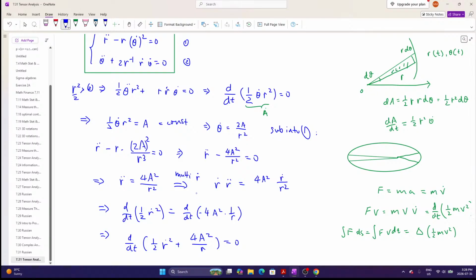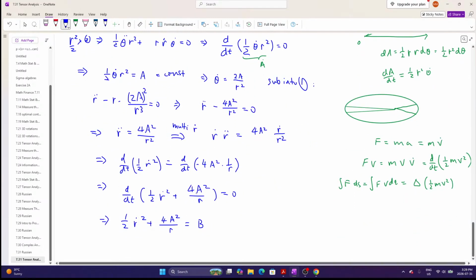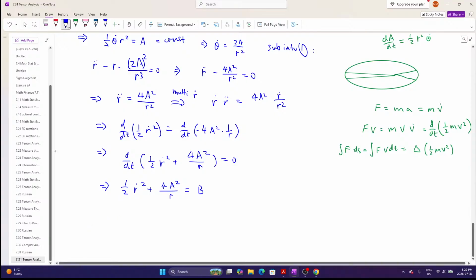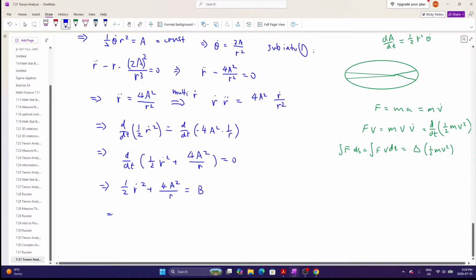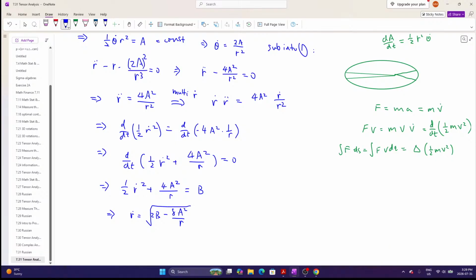I really wanted to eliminate the middle parameter, because in principle it is possible to integrate this. You can isolate r dot. r dot would be, well, 2b minus 8a squared over r, and then taking the square root, plus or minus.